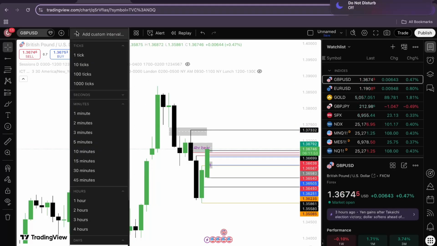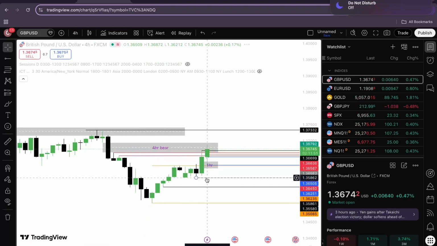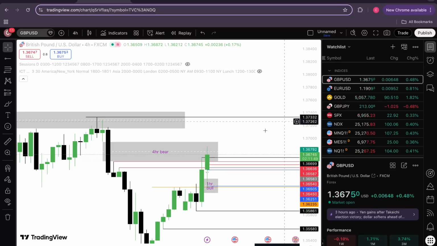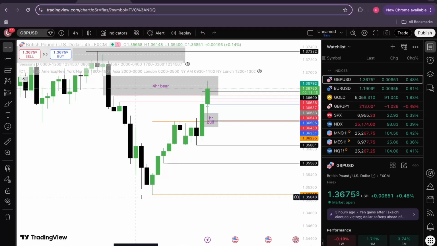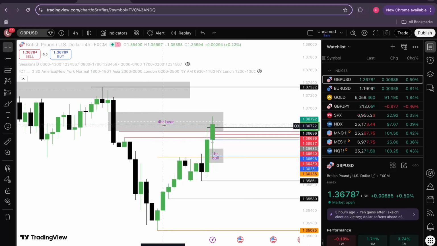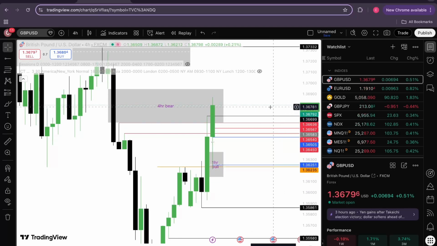Same thing on 4 hour bullish, liquidity sweep to the downside, break of structure, and its 4 hour bearish fair value gap. Haven't invalidated it yet, but that's actually where I had my TP set, the 50% of this 4 hour bearish fair value gap. These are pretty safe targets if you have a decent risk to reward ratio.